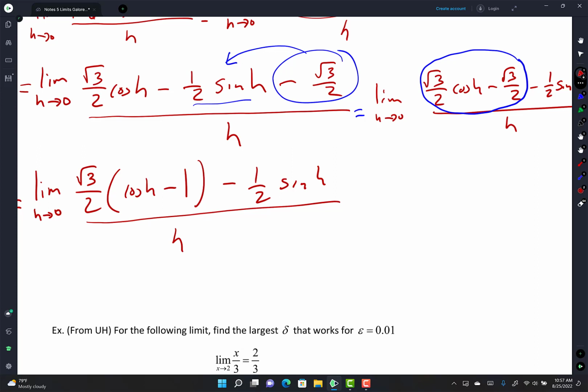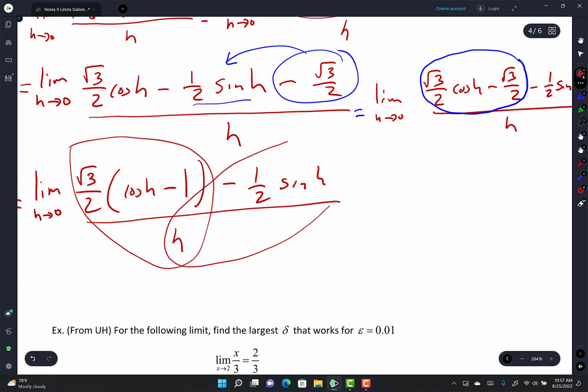I factor out a square root of 3 over 2. I'm going to move the square root of 3 over 2 and split it up into two limits, because I can do that, right? That minus is from that minus up there. So I'm going to write the square root of 3 over 2 in the front, then the limit as h approaches 0 of cosine h minus 1 over h.